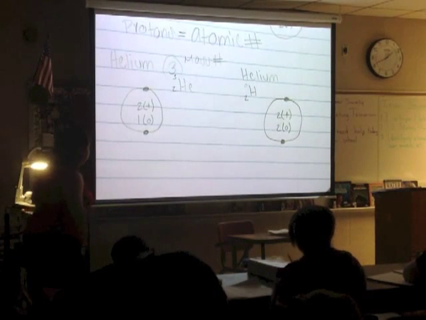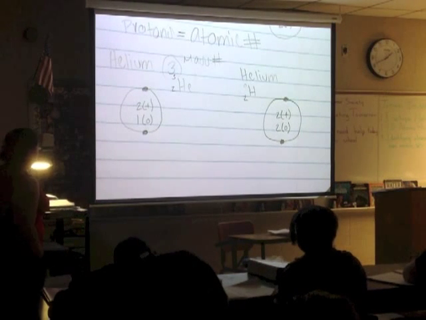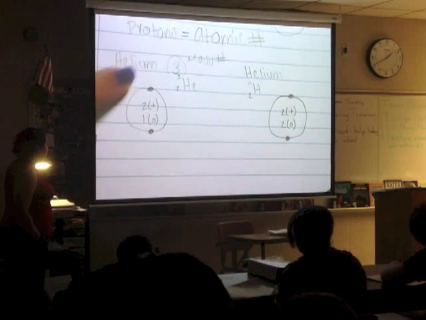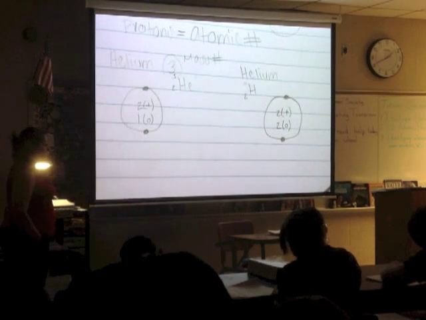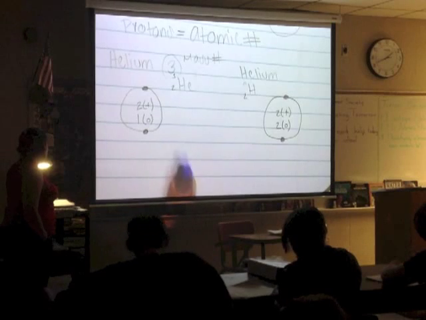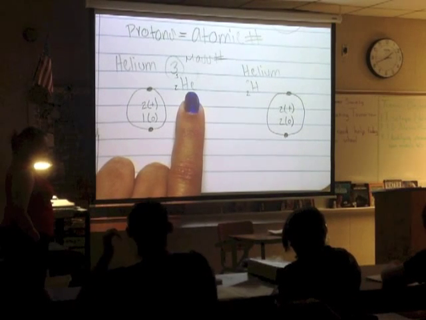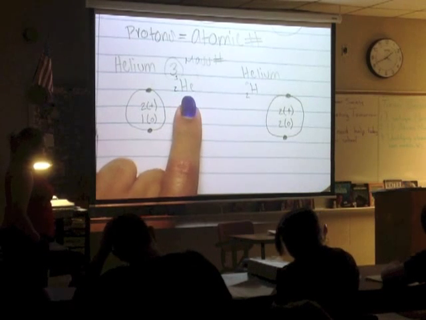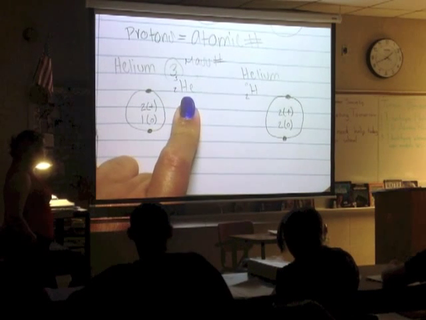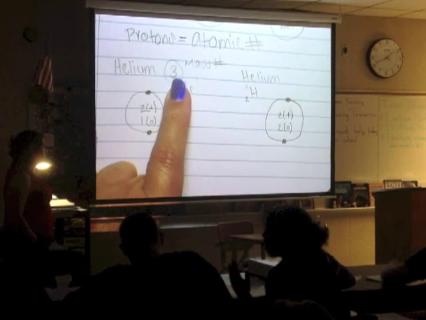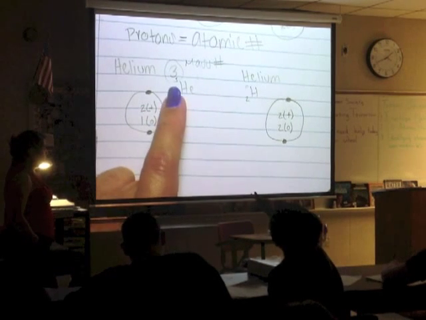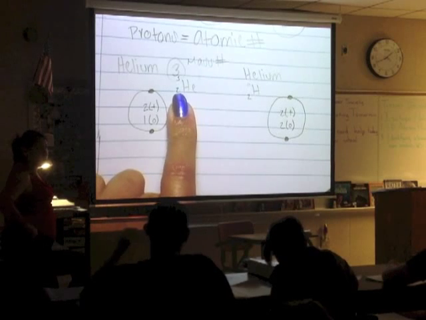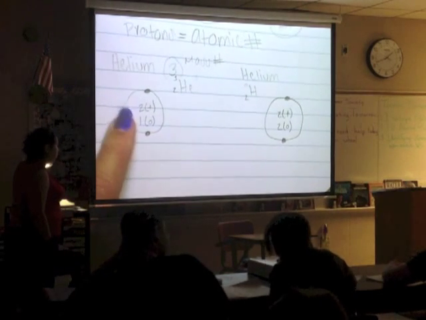Alright, so looking at this first one. Remember isotope notation, you need to have your symbol, your mass number, and then your atomic number. So is this correct? Yes. He is the symbol, the mass number I gave you, which was 3, the atomic number is 2, which she got off the periodic table.